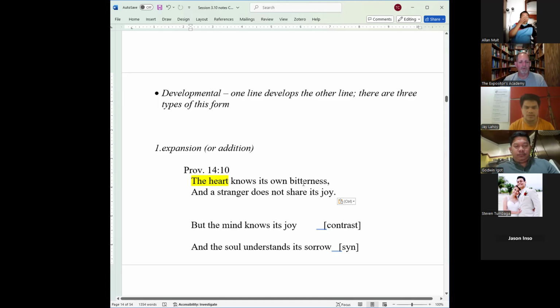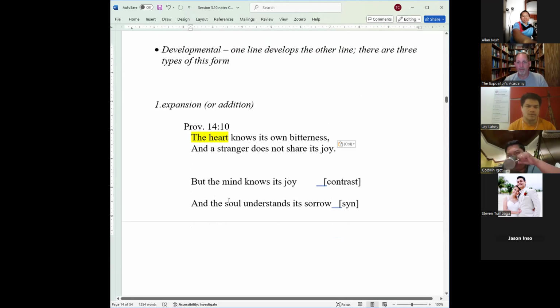Only the heart knows its bitterness. A stranger doesn't share in its joy, the heart's joy. So I don't know that it's contrasting what the heart knows. I think it's just adding another piece of information about the fact that only the heart understands its bitterness and its joy.